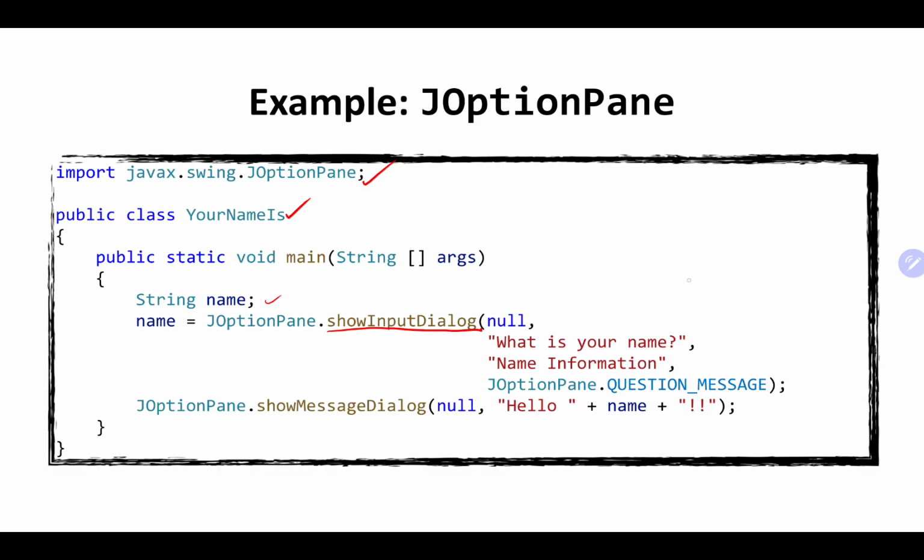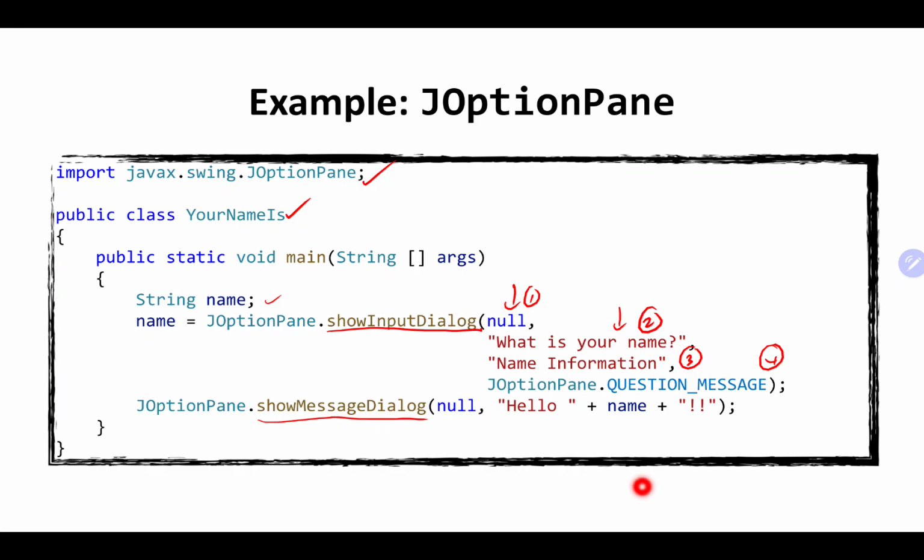So here we ask the user, what is your name, and here we put the name information, and here JOptionPane.QUESTION_MESSAGE. So here we send parameters. We have 1, 2, 3, 4 parameters. Then we use the function showMessageDialog, which comes from the class JOptionPane.